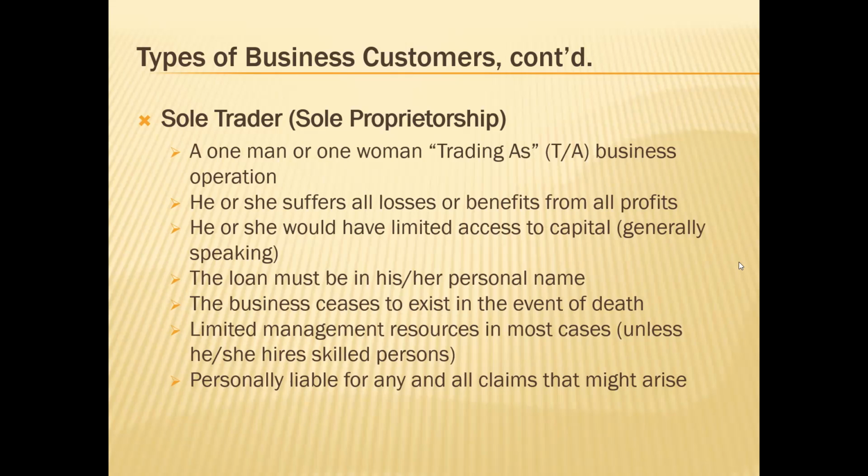If someone else wants to start that business, they have to go through the process of providing the required information to us as banks or lenders to have the account set up in their name, while the estate is being probated, whether there is a will or no will. So the estate will have to be probated. The business ceases to exist in the event of death.